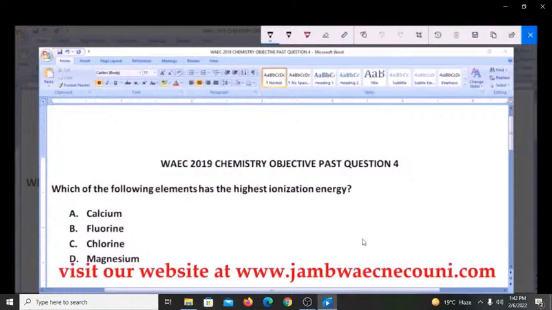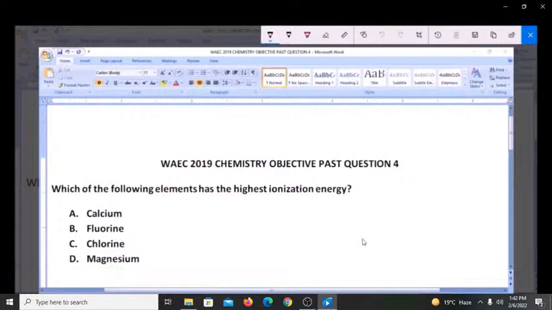So the amount of energy required by an atom to remove 1 electron from each atom in 1 mole of the gaseous atom is referred to as ionization energy.